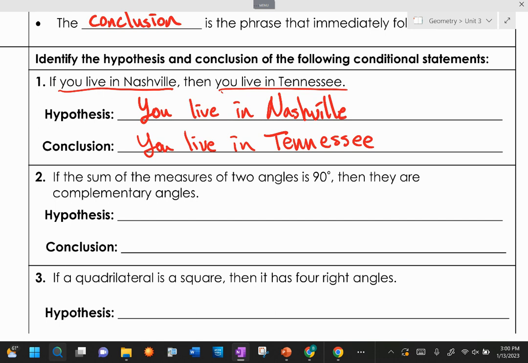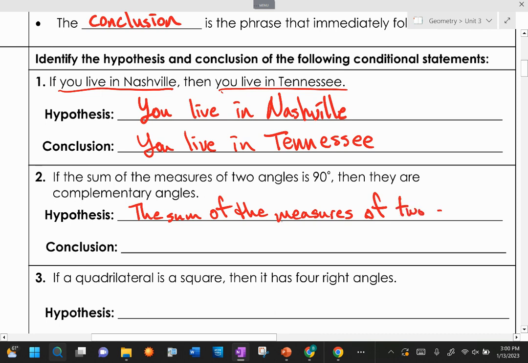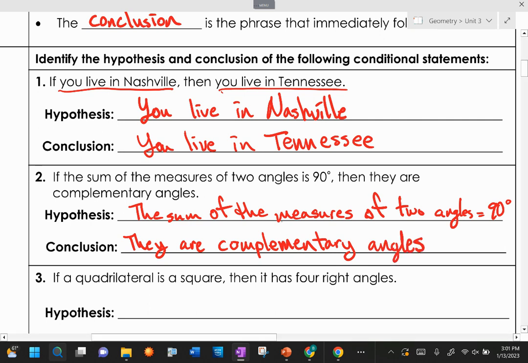Hypothesis comes after if, conclusion comes after then. Once you're done with number 2, you can just look up and check.